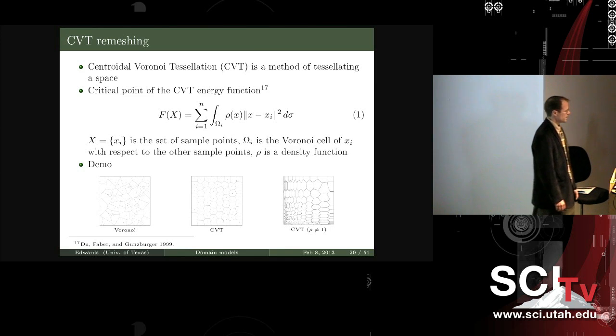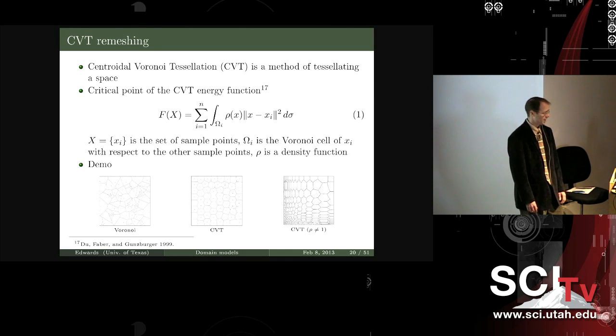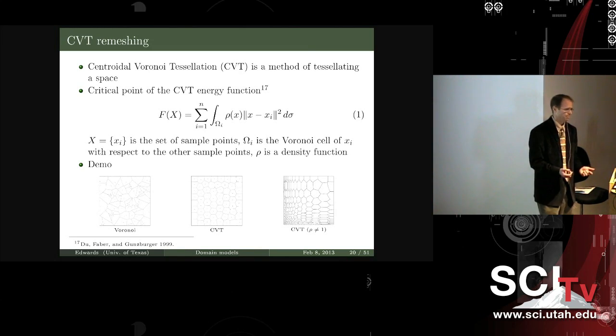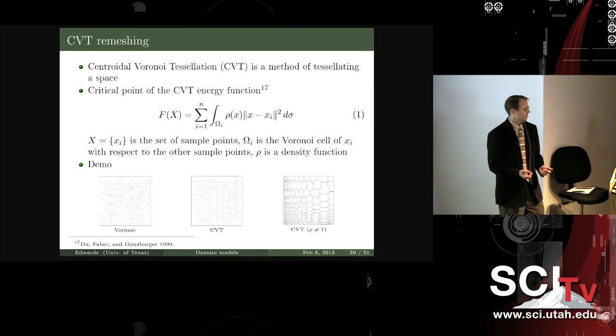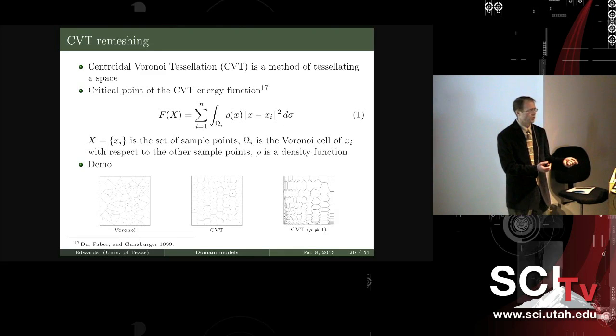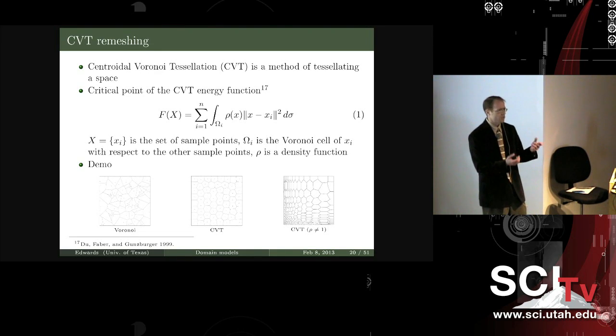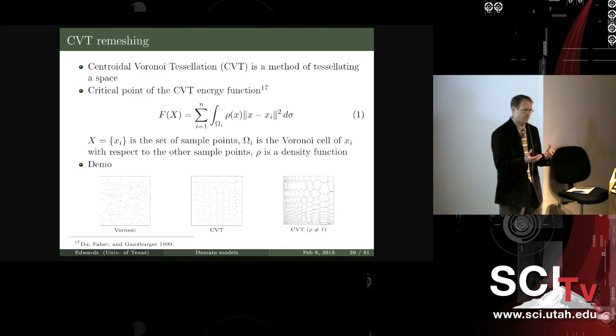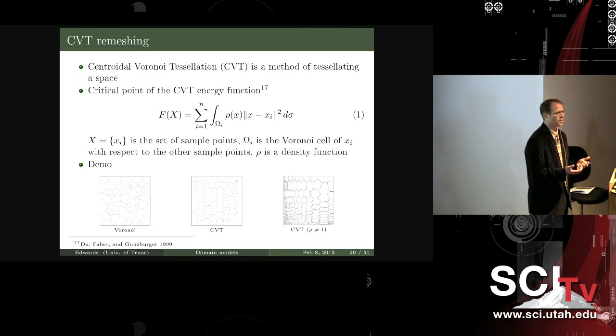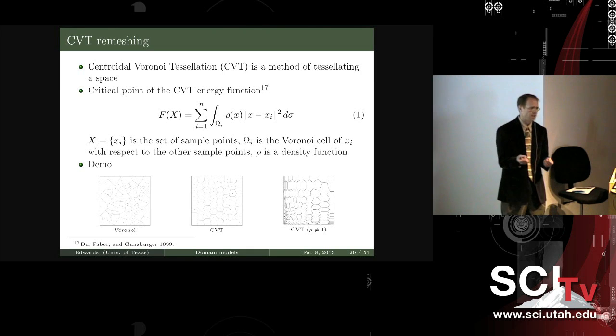So the idea is sample your space. In the lower left, you see we have sample points. And take the Voronoi diagram. And there's an algorithm for minimizing this function, which is Lloyd's algorithm. And the way it works is you take the cell, or the Voronoi cell, for a particular sample, and relocate the sample to the center of the cell.